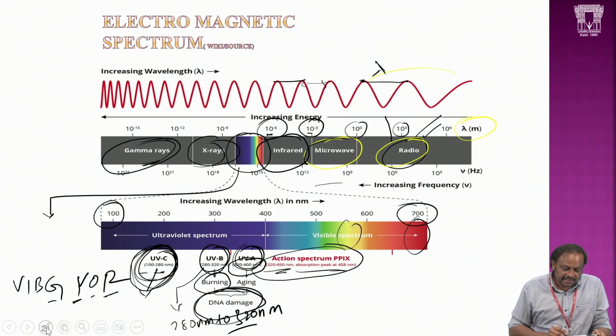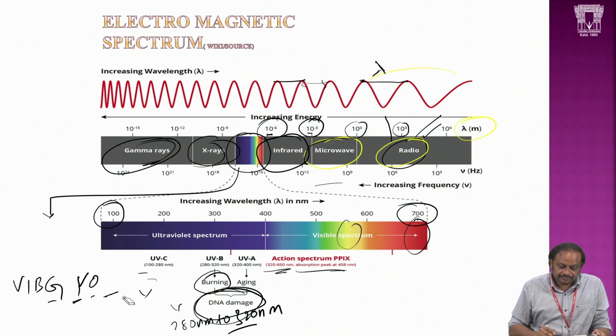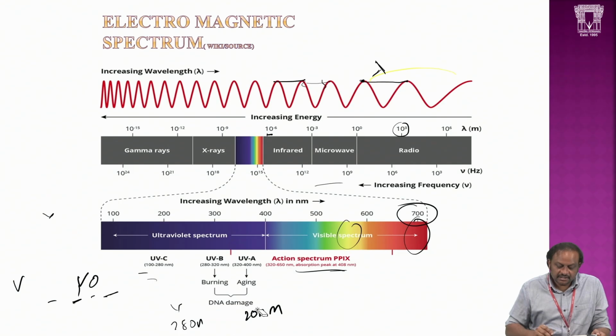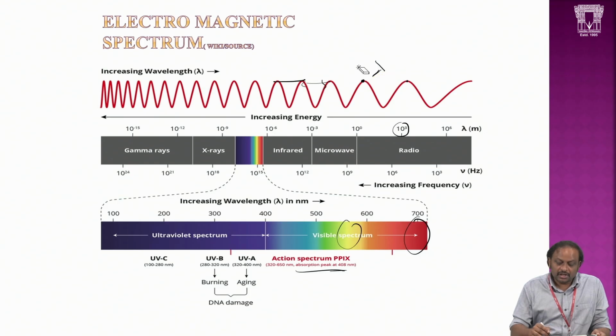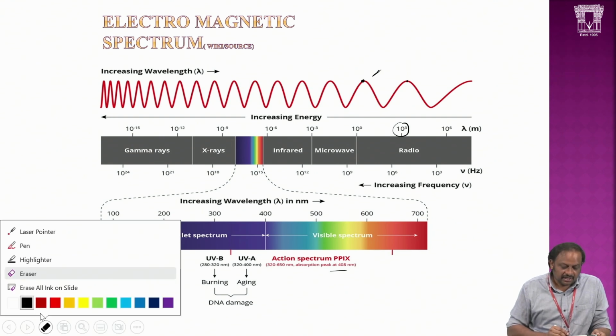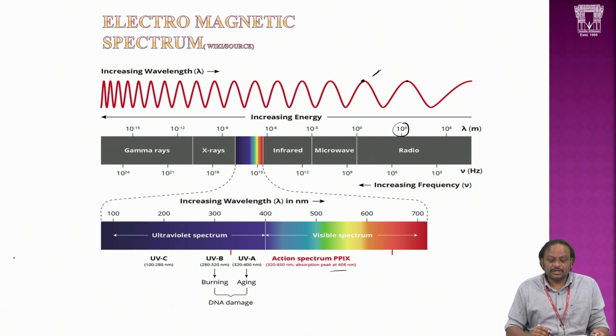So all these different electromagnetic radiations, that is radio waves, microwaves, infrared, visible, X-rays and gamma rays, are used as a light source in the spectrophotometer.